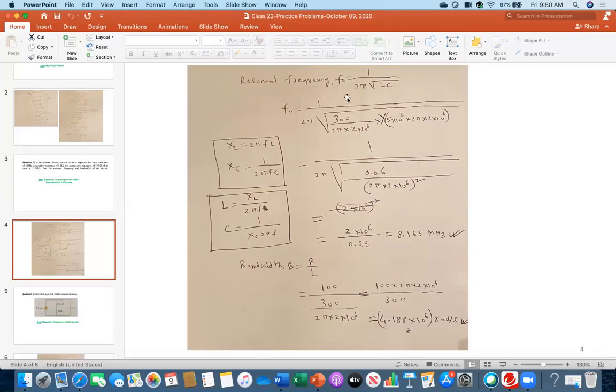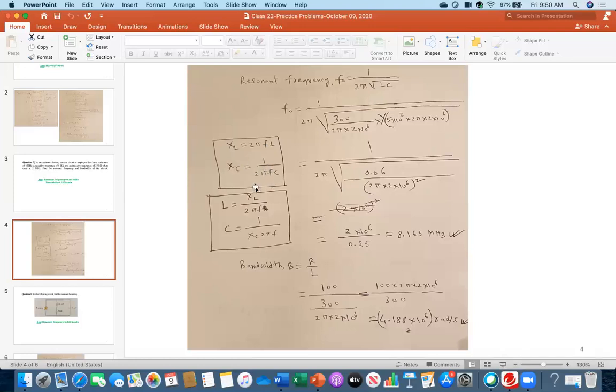Of course, you might find omega naught first, and then later divide by 2 pi, so then you will get the answer in megahertz. On the left side, XL is 2 pi FL. Therefore, from XL equal to 2 pi FL, at the bottom I am finding L. L is XL over 2 pi F. And then XC is 1 over 2 pi FC.